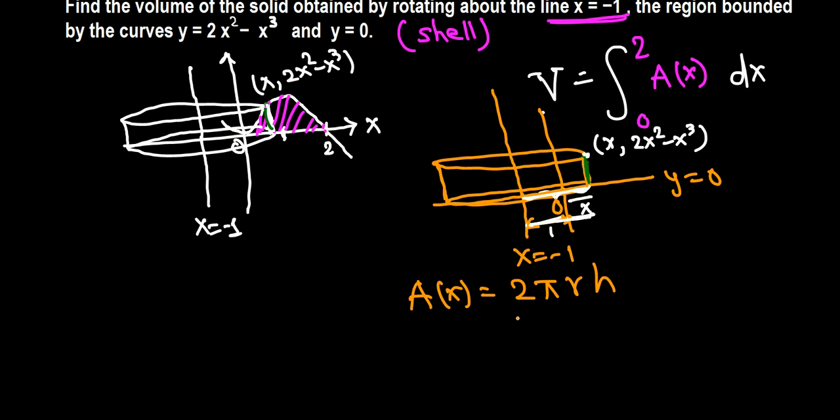So the surface area is 2 pi times (1 plus x). The height is y, no matter where we take it, and this is just 2x squared minus x cubed. Once we find A, we plug it into the volume formula and find the definite integral. We can simplify before we get to the volume formula.